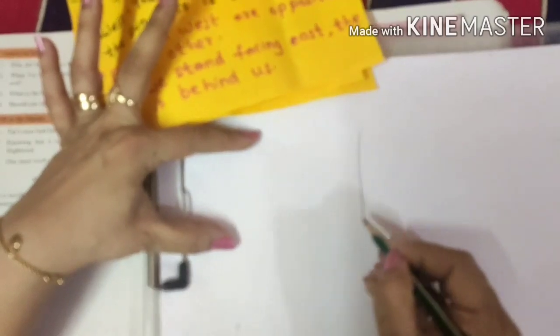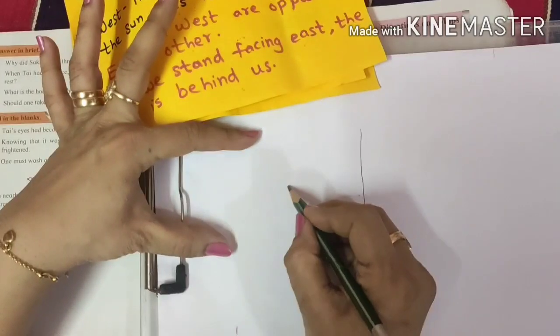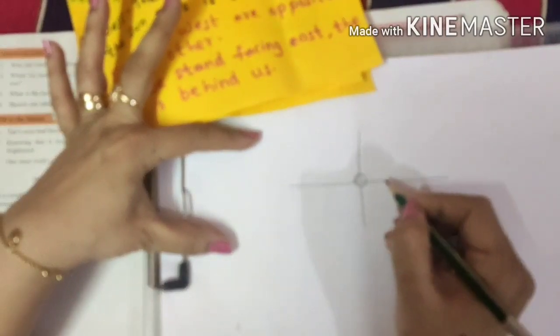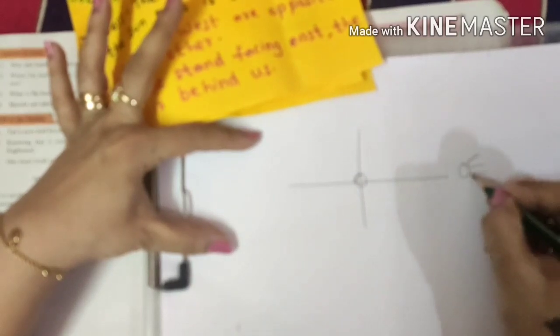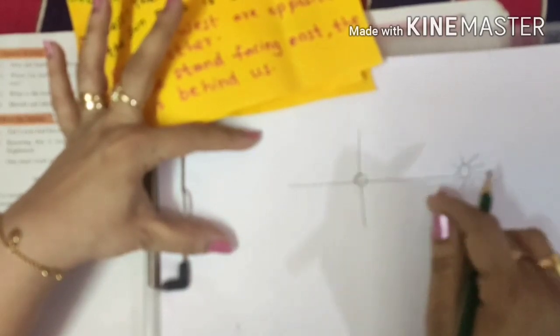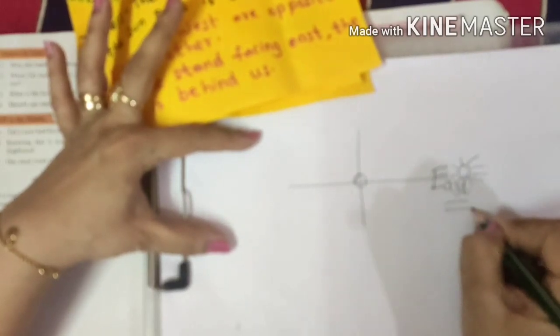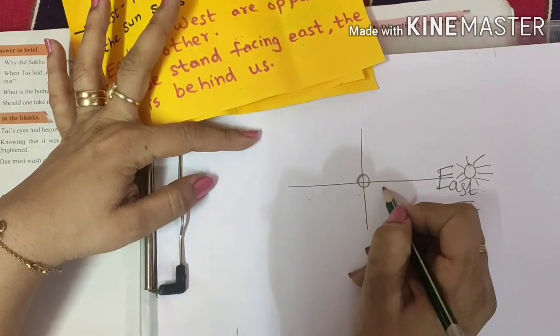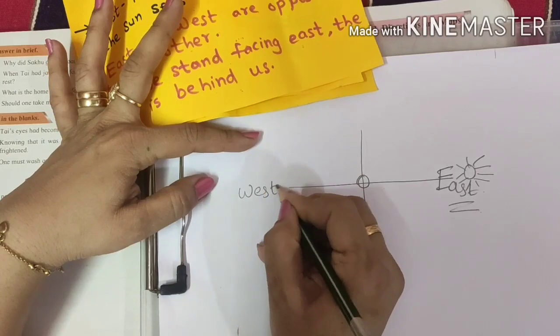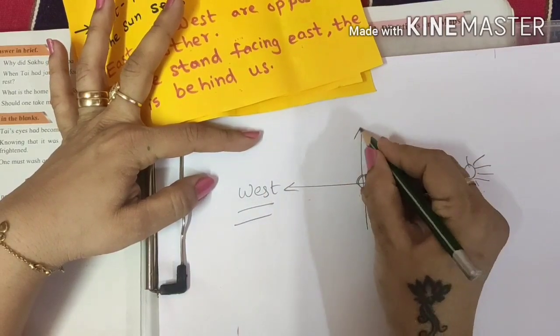Suppose I am making this. Suppose the boy is standing here in between, and the sun is rising here. The sun rises here, so this is your east direction, and this opposite side will be the west direction.